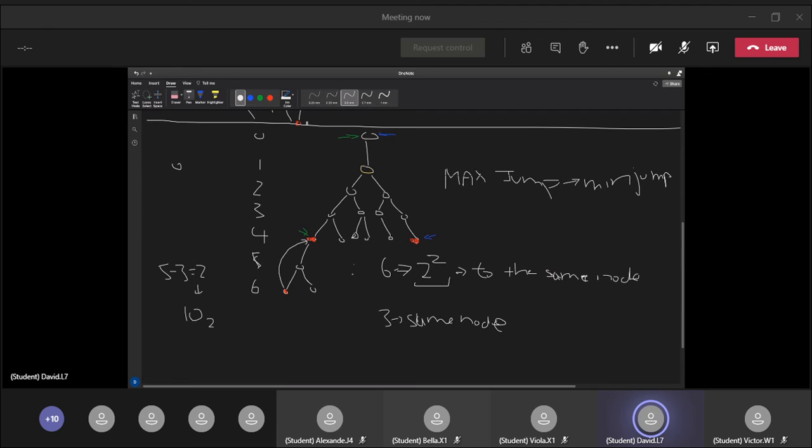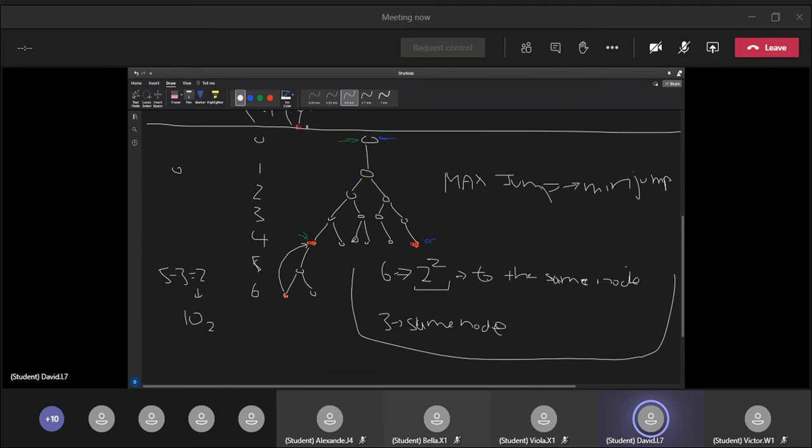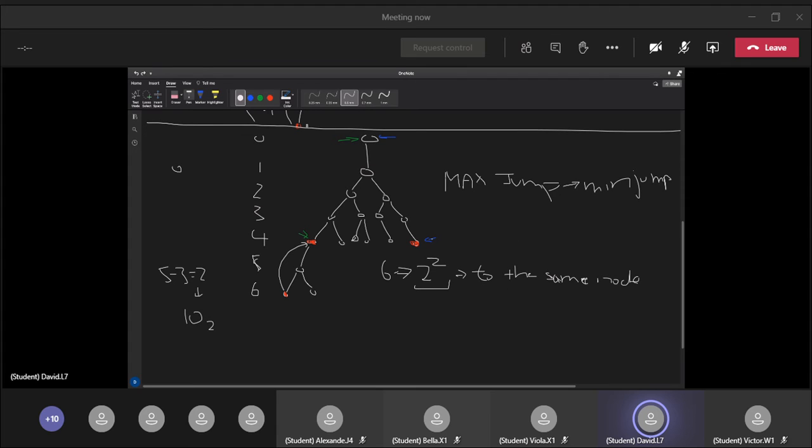So to avoid this kind of situation where you don't know if it's the LCA or not, we're just going to completely avoid it. If we take a size of jump 2 to the power of d, and it makes both of our nodes the same node, then we're just not going to make this jump.